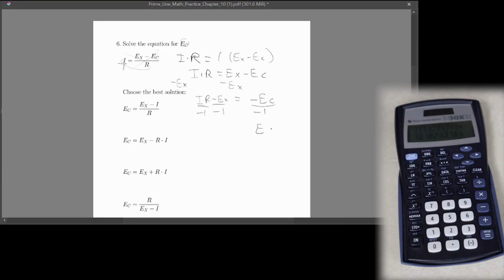So I get EC equals negative I R plus EX, and I could reorder that so it's EX minus I R equals EC. EX minus IR equals EC. There's our winner.